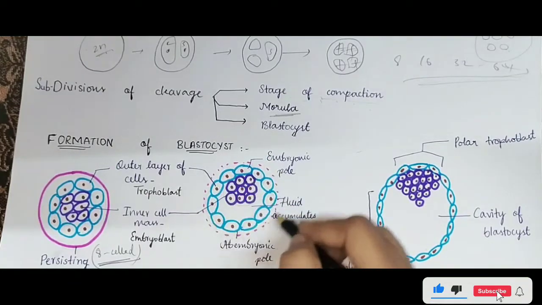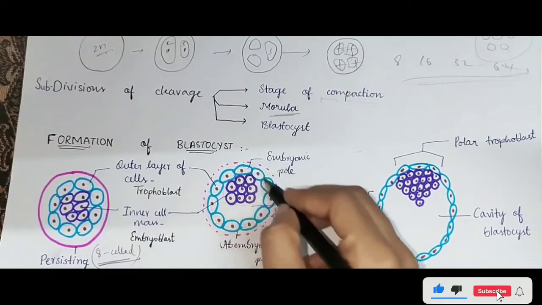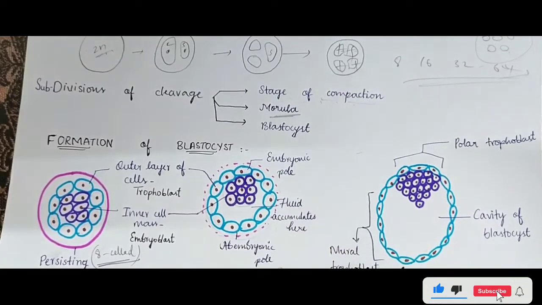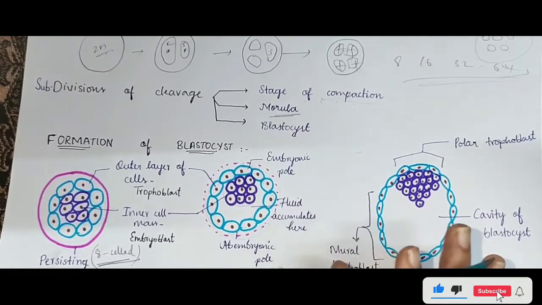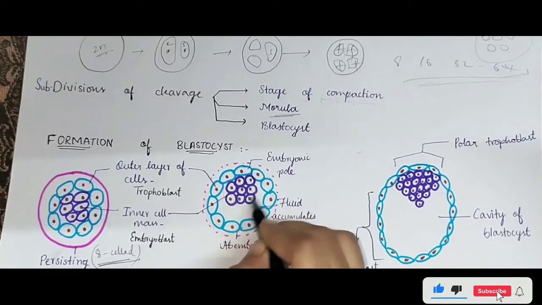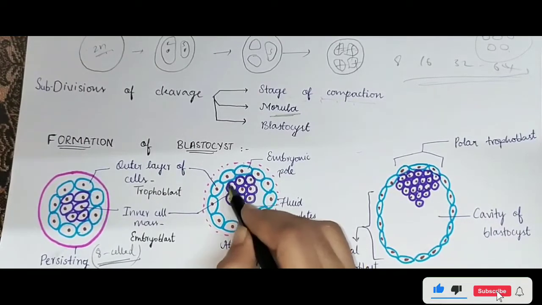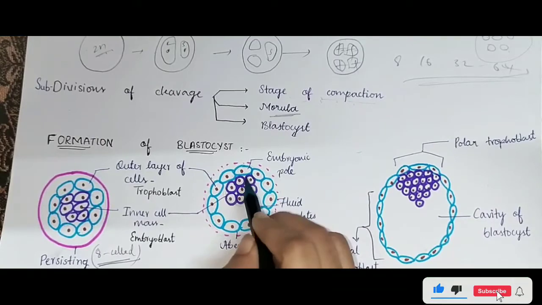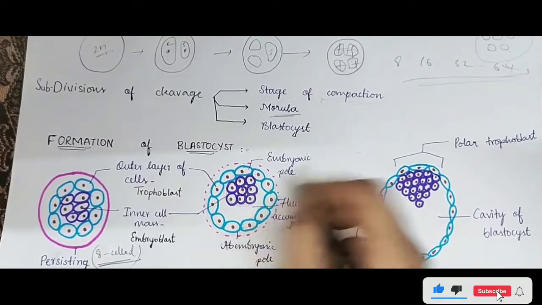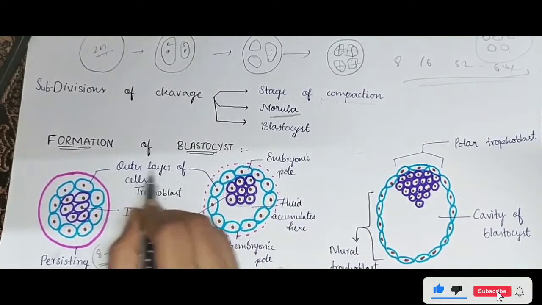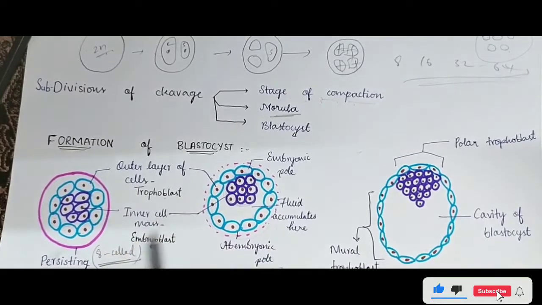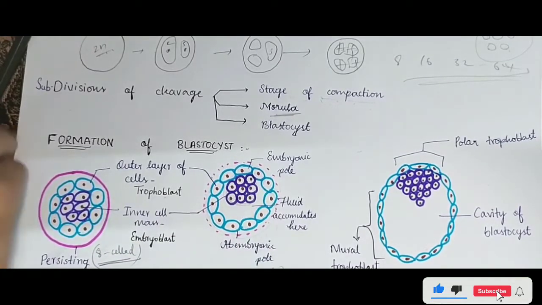The outer layer forms the trophoblast, which forms the coverings of the embryo. The inner cell mass is called the embryo proper, which gives rise to the embryoblast.